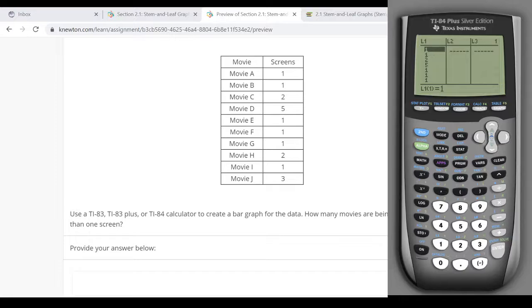I've already entered the list with the 10 numbers for the screens: 1, 1, 2, 5, 1, 1, 1, 2, 1, 3. Then I get out of there and go to the stat plot, plot 1. What type? I want to make a bar graph this time, so the third type. The X list is L1, and the frequency is 1, right? Everything's being counted once. So let's get out of here, go zoom, number 9.